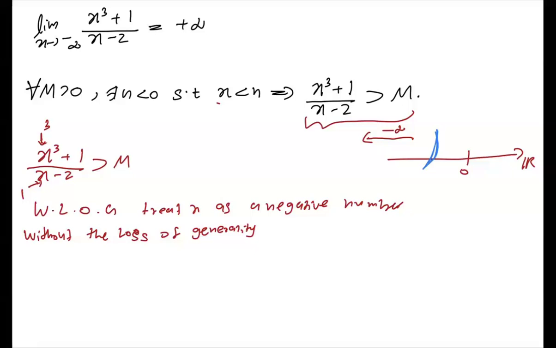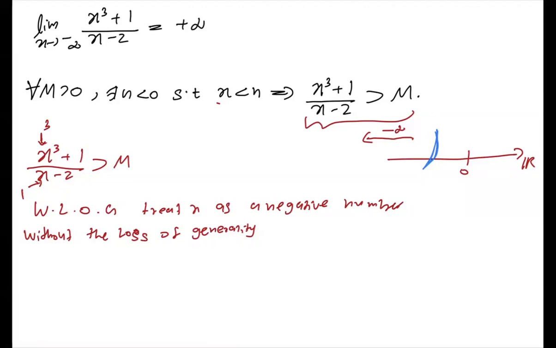What is the meaning of "without loss of generality"? It means that when we treat x as a negative number, we don't make any unfair assumption. It doesn't rule out any of the possible scenarios when x goes towards negative infinity.